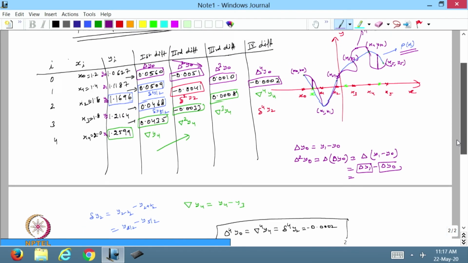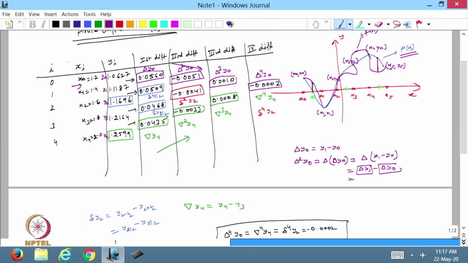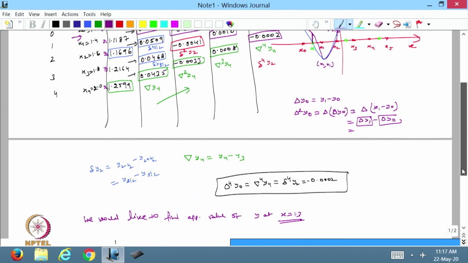So, I want to find the value in between, that if I put x equal to 1.3, what will be the value of y.